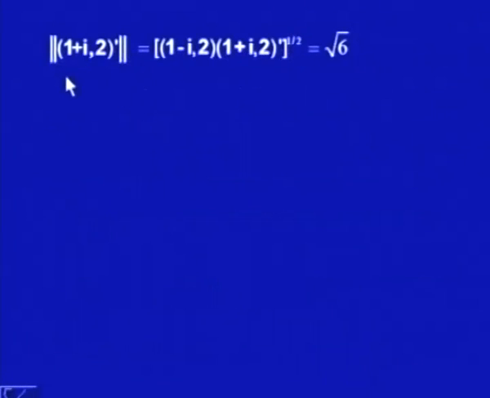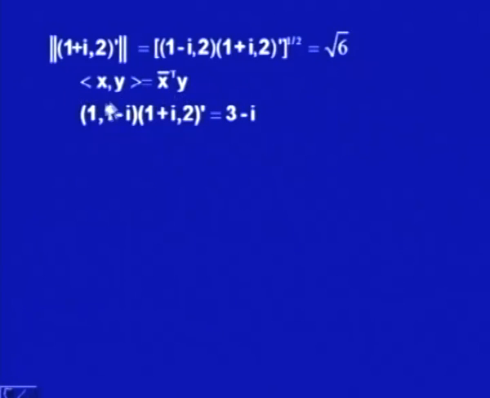While the length of the second vector, (1 plus i, 2), is the conjugate of this multiplied by (1 plus i, 2), and then its transpose. We take the multiplication of these two vectors, and this comes out to be root 6.